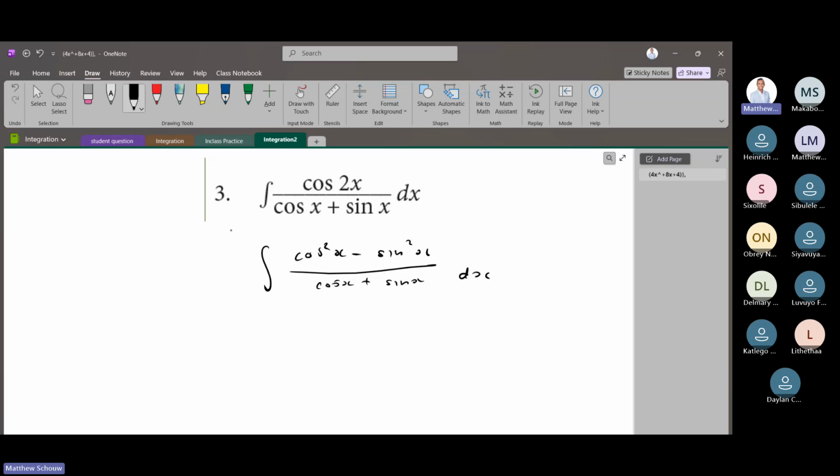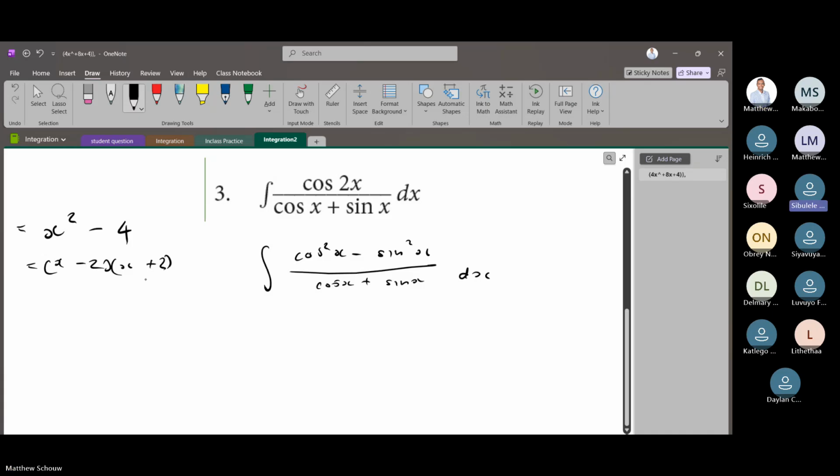He's talking about the difference between two squares, right? Are you familiar with x squared minus 4? When we ask you to factorize this, you open two brackets: x minus 2 and x plus 2. The difference between two squares. You guys got that? Yes, sir. Perfect.